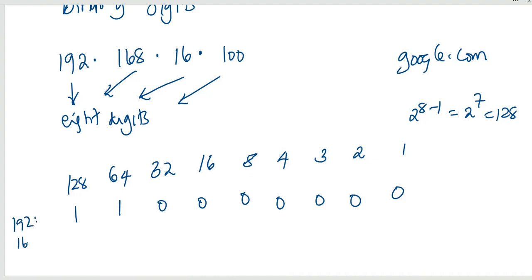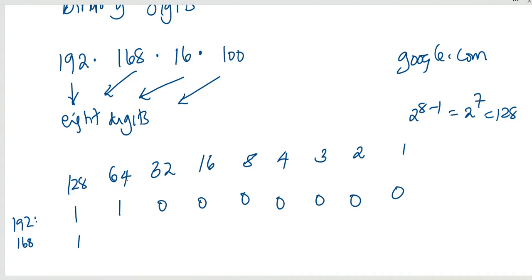Next I got 168. So 168 is also above 128, meaning 128 can be inclusive, so I will write my 1. If I get 168 minus 128, I would get 40.